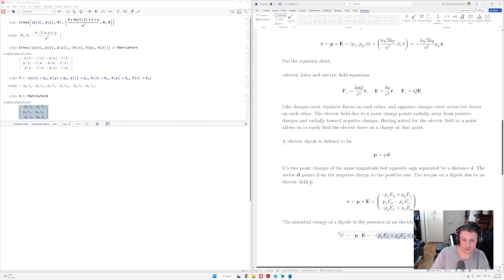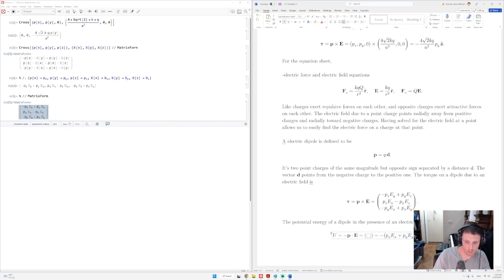Because these are vectors, this minus sign could just distribute. I'll write it one more time, just because this is good for me also. So then what we would have is negative Px, negative Py, negative Pz, dotted with Ex, Ey, and Ez.